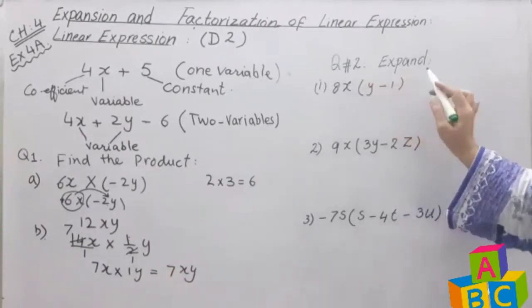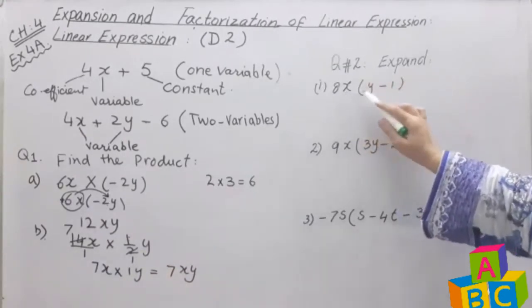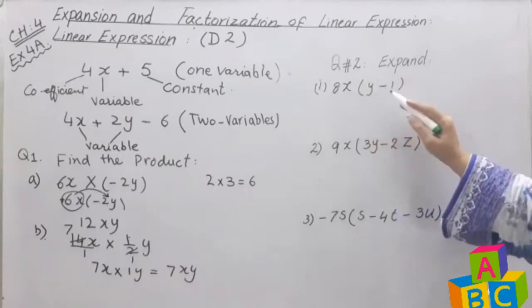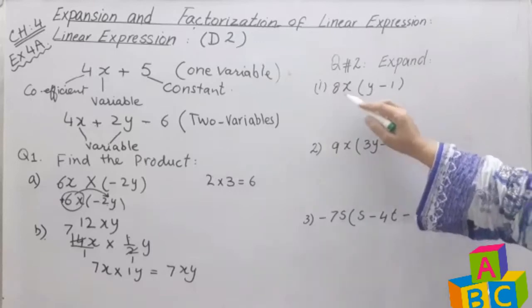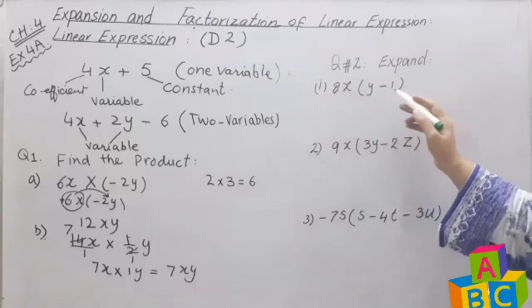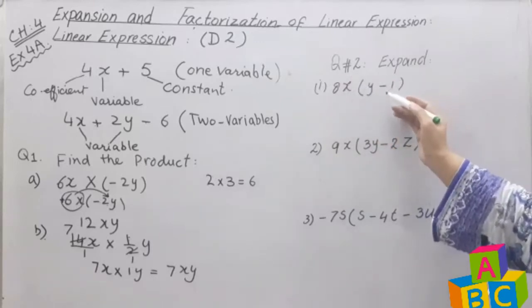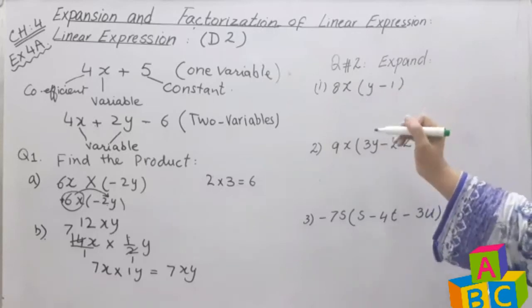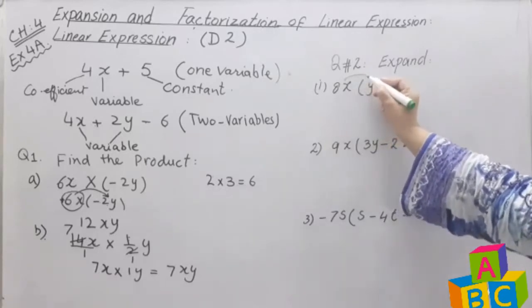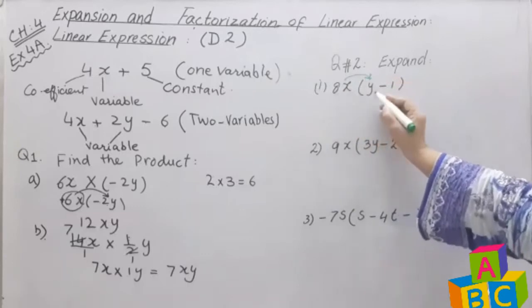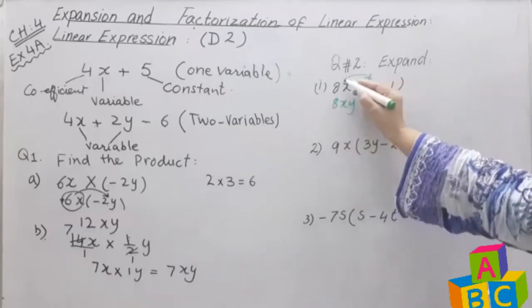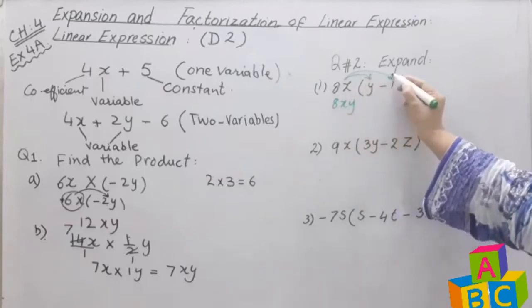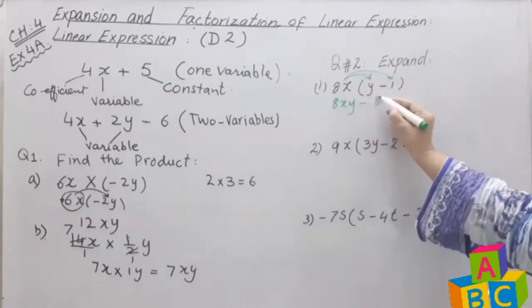Question number 2, expand. Number 1, 8x times y minus 1. In the previous chapter, you used the distributive property with the same variable, and here two variables are involved and we use the distributive property. So we multiply 8x with y, so it will be 8xy, and again 8x times minus 1, so it will be minus 8x.